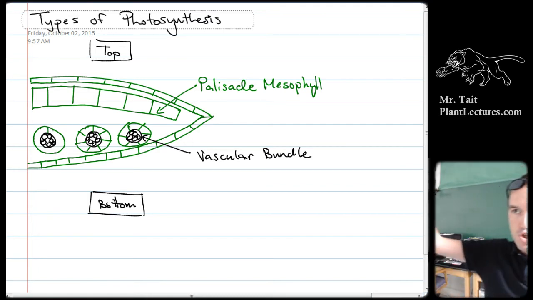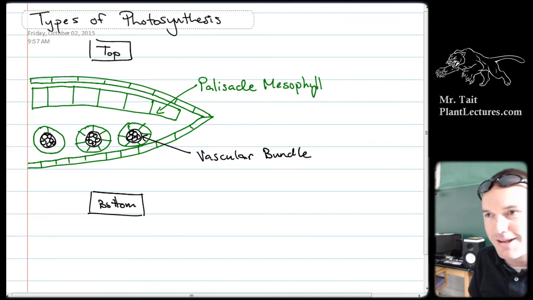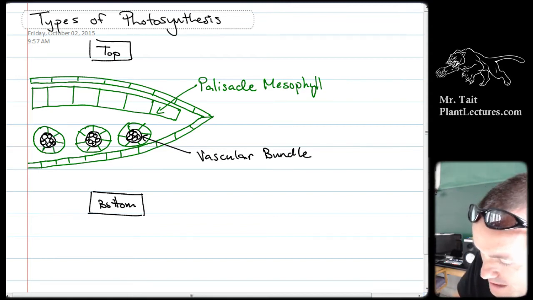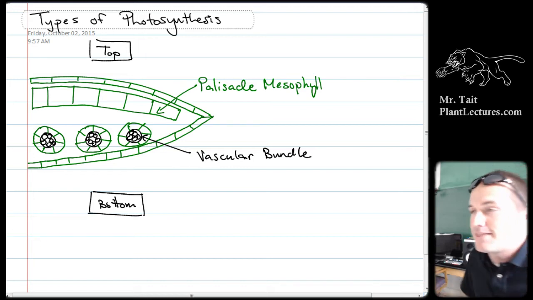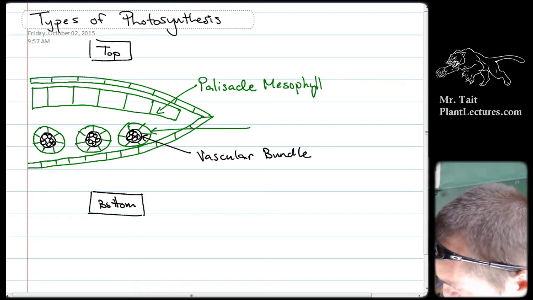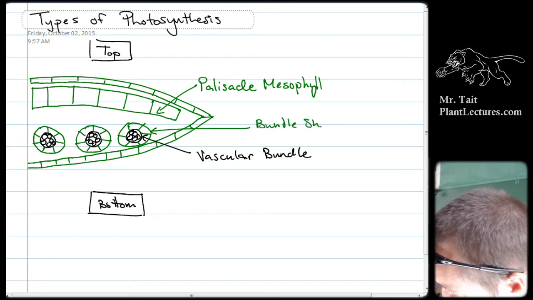It's sometimes made out of leather, sometimes made out of metal, right? It's the thing that surrounds the sword. So these are the bundle sheath cells because they're the things that are surrounding the vascular bundles, right?